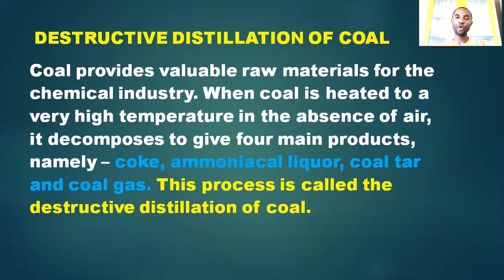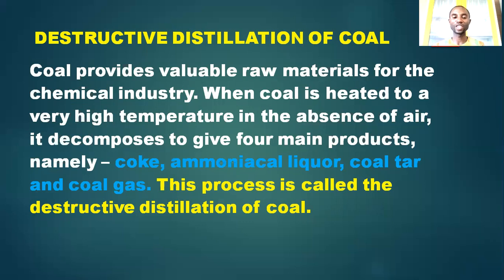Destructive distillation of coal has to do with heating coal at a very high temperature and pressure in the absence of air. That is what we mean by destructive distillation of coal. And when coal is heated in such a way, it produces 4 main useful products.